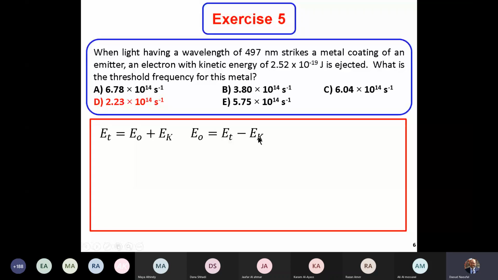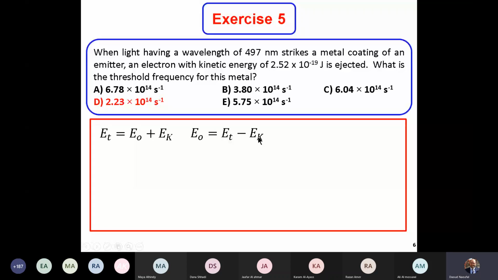The most important thing is to pay attention that all terms in this equation should be used in the same system, the SI system. So nu0 equals (hc over lambda minus Ek) divided by h.